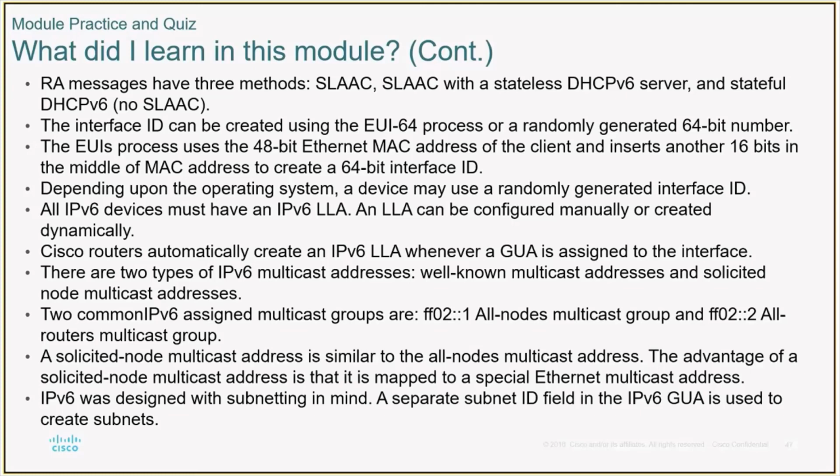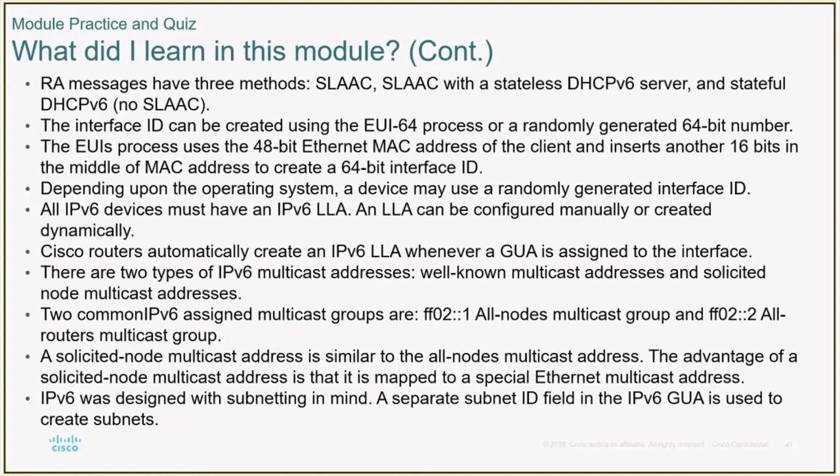With multicast addresses, there are two types: well-known multicast for specific purposes, or solicited node for other purposes you may have. Two common IPv6 assigned multicast groups are FF02::1, which is all IPv6 hosts, and FF02::2, which is all routers. They're the destination addresses for neighbor solicitation or router solicitation respectively.